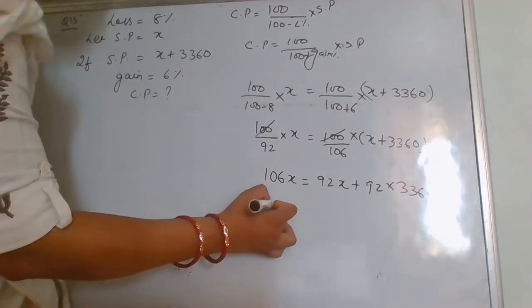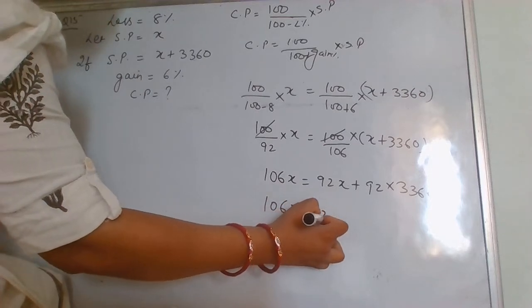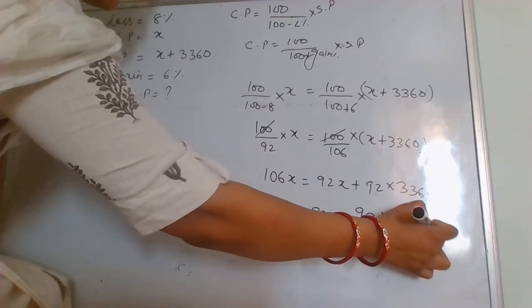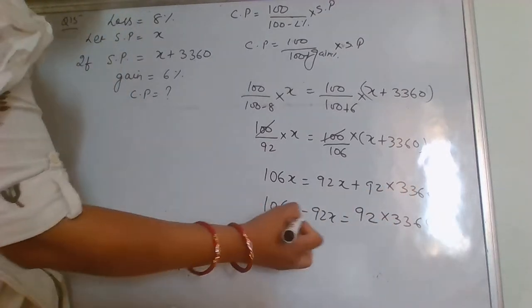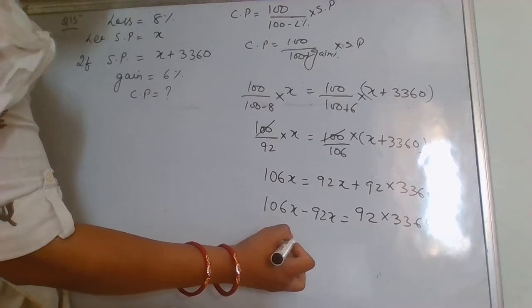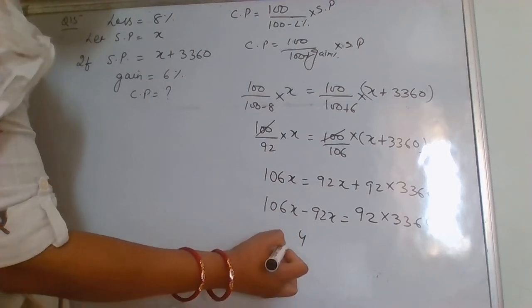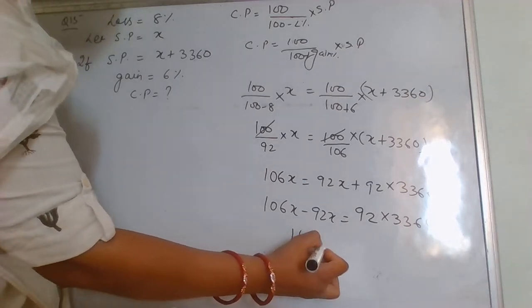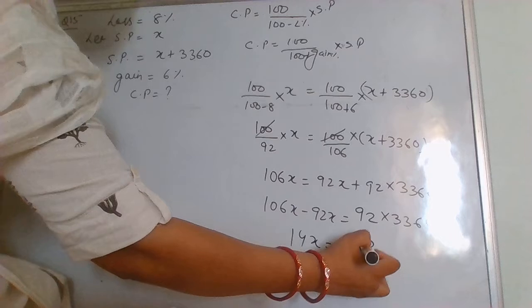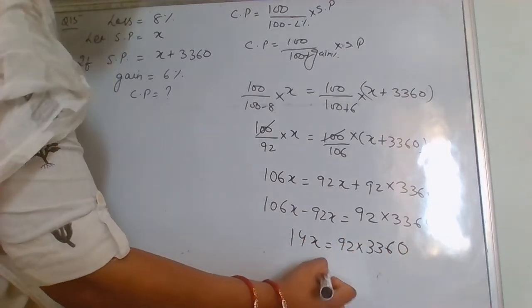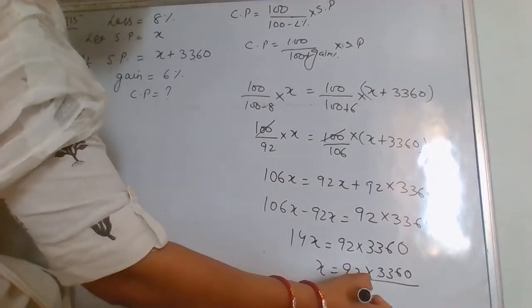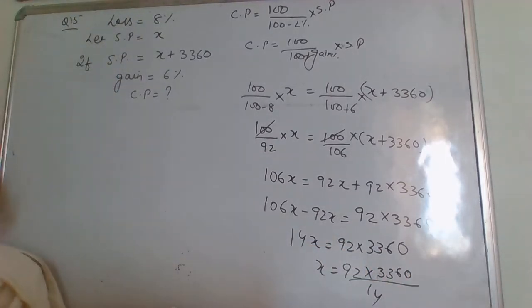Same procedure: 106x minus 92x is equal to 92 into 3360. 6 minus 2 is 4, 10 minus 9 is 1. So X is equal to 92 into 3360 divided by 14. Solve it and you will get the result.